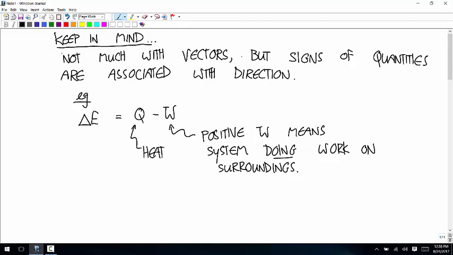So why do they choose this sign convention? If you think about it this way, it's easy to remember, and we'll talk about it more as we get into energy. But to keep this straight, think of a heat engine.